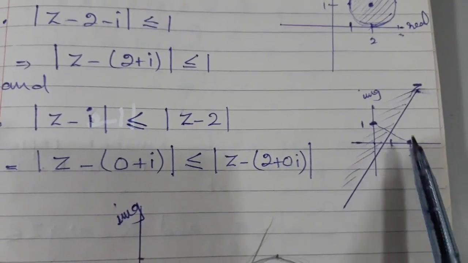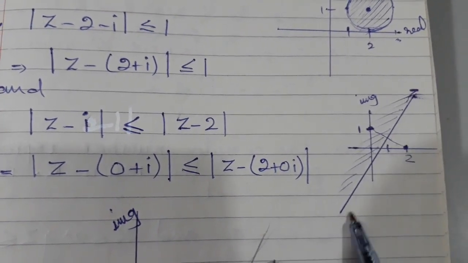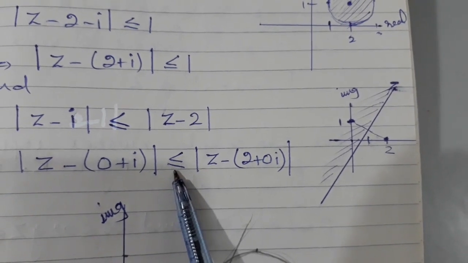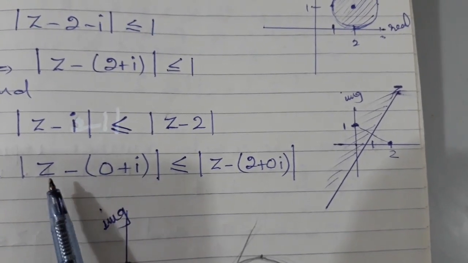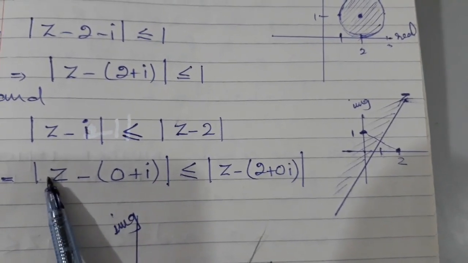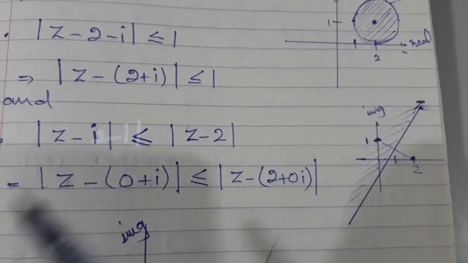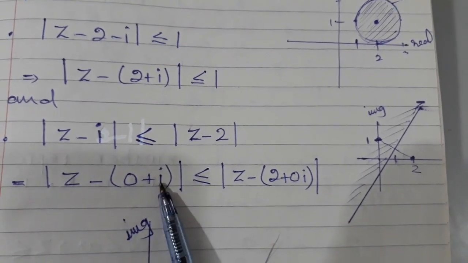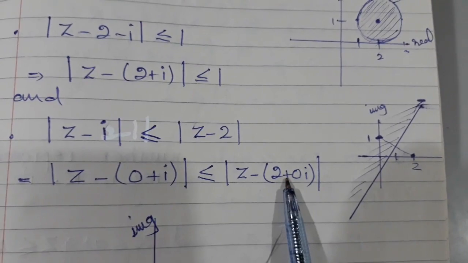I'm marking those two points, joining a straight line and then drawing a perpendicular bisector. Now the symbol is less than or equal to. Less than or equal to in this case means the distance of your area, because z is now not just a point, it is an area. Whenever we use an inequality symbol, we are talking about a particular region. So the distance of this region from this point is less compared to the distance of the region from this point.